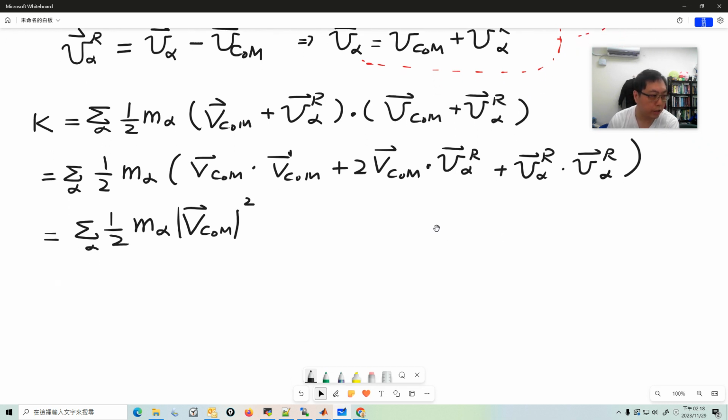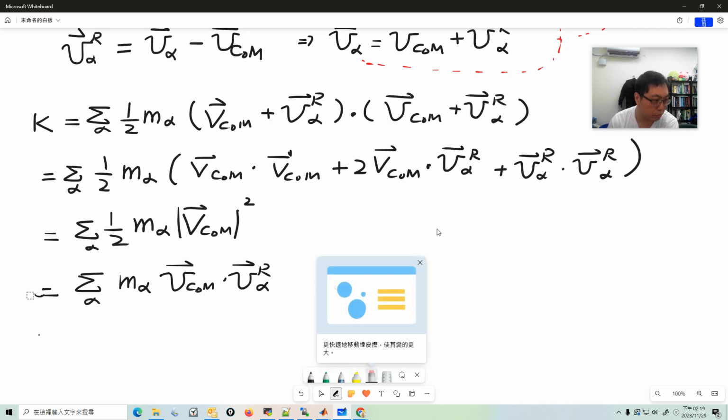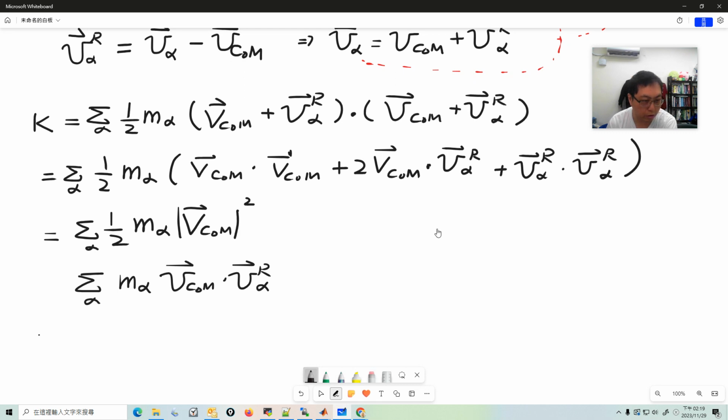Right now the second term, so it's 1 over 2 here, and here's 2, so you can cancel out. So we will have summation alpha, m alpha, V_COM dot V_R alpha. And the last term, sorry, this is not addition, this should be plus.